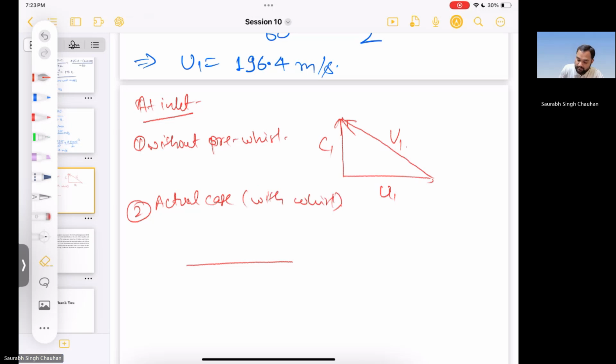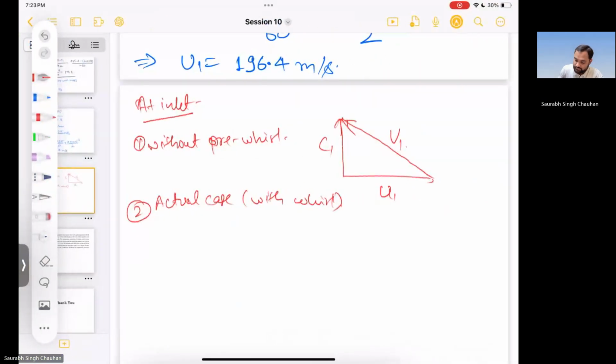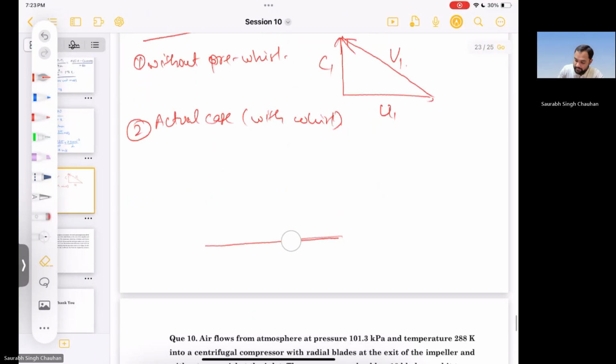It will not be along the radius. There will be some angle with this direction.